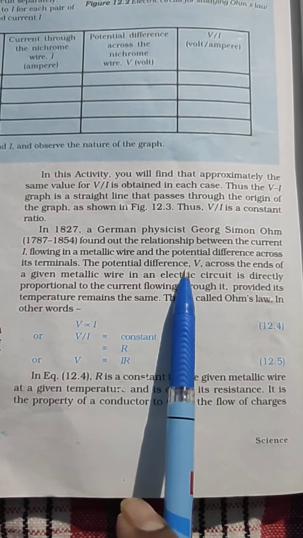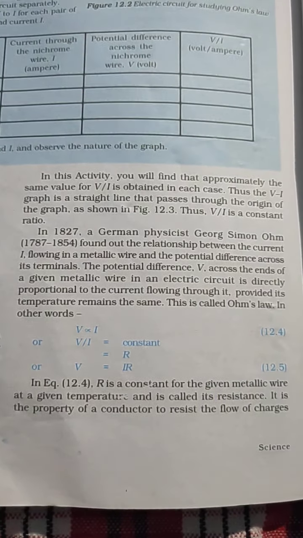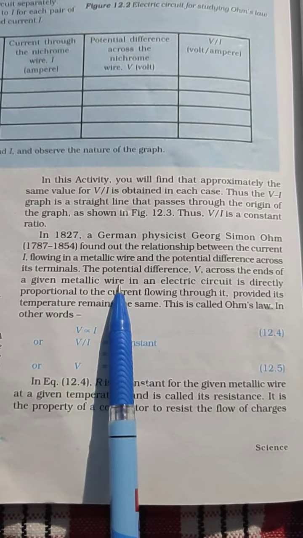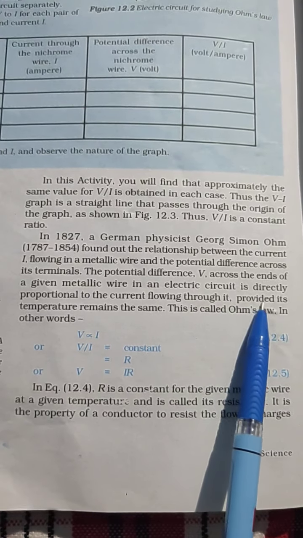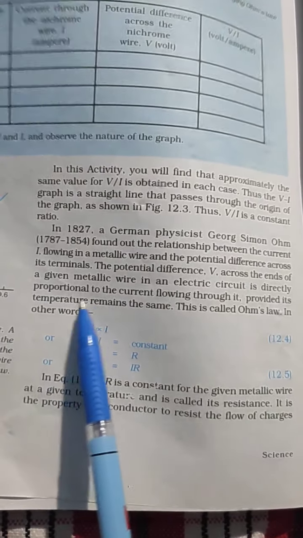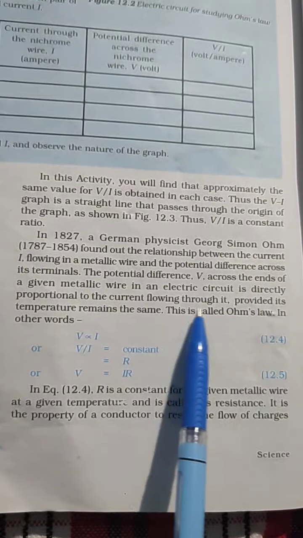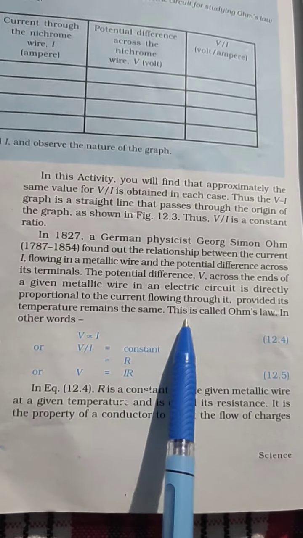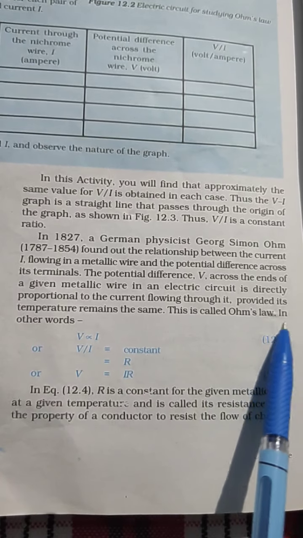The potential difference V across the ends of a given metallic wire in an electric circuit is directly proportional to the current flowing through it, provided its temperature remains the same. This is called Ohm's law.